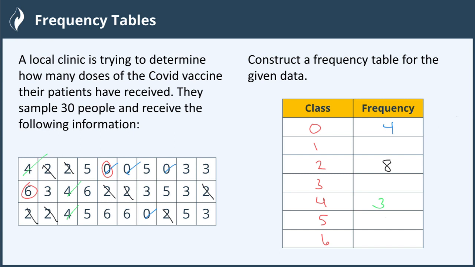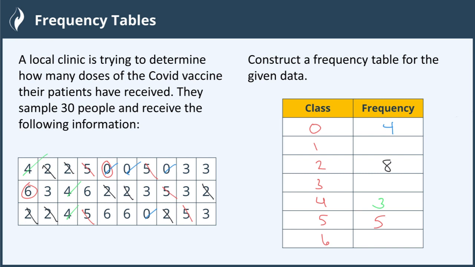Next, across the way, I have 5. So 1, 2, 3, 4, 5. Make sure I didn't miss any. So I had 5 people who had 5 shots.